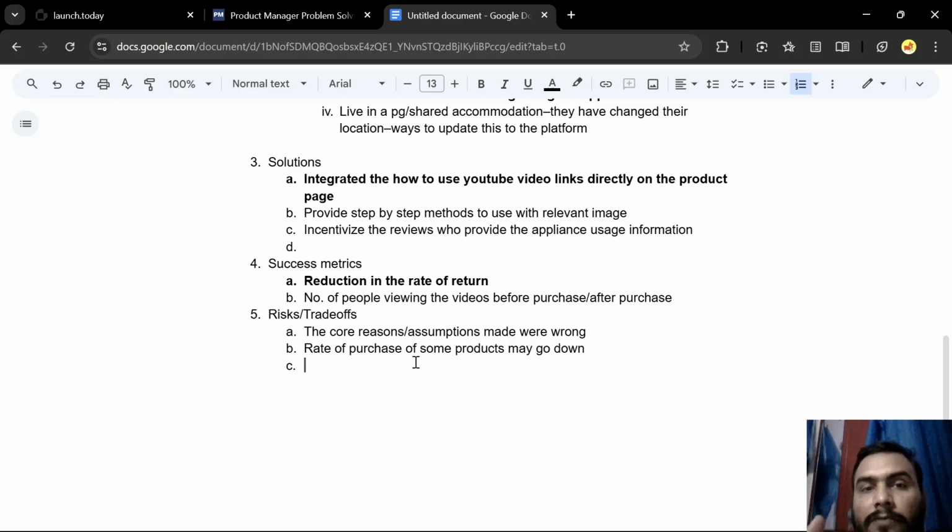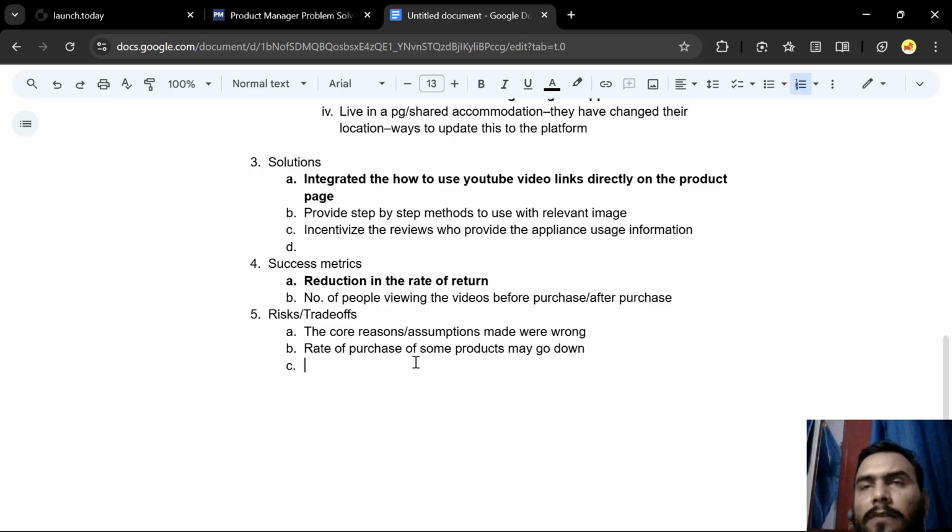If a customer has a need, it is going to be met with a different product. So the rate of purchase for some products may go down, but for some will be up. That exact relationship I do not think we can track or find out, but that is what I'm assuming should happen.